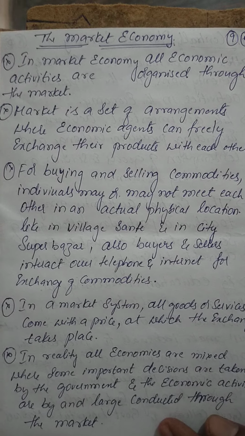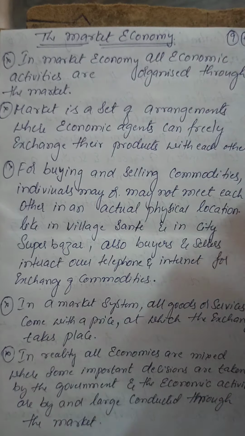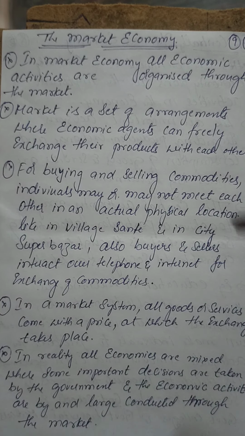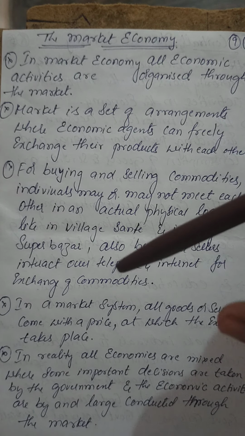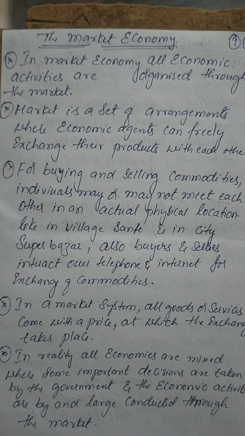Which means what? When the economy is completely involved in market activity, what happens? People might commit fraud about the products, or black marketing might be done, or prices might be raised, that means the level of price is increased. Such things might happen in the market.